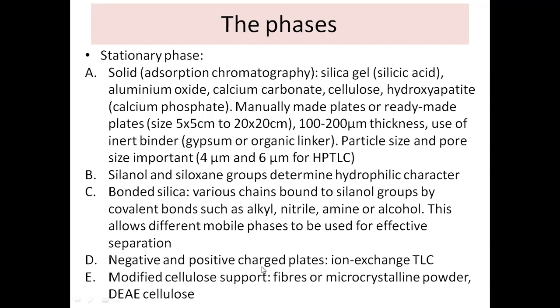Okay. So then we can also have modified cellulose support materials. Okay. So in other words, what I want to tell you here is that different types of materials are available for carrying out TLC applications.